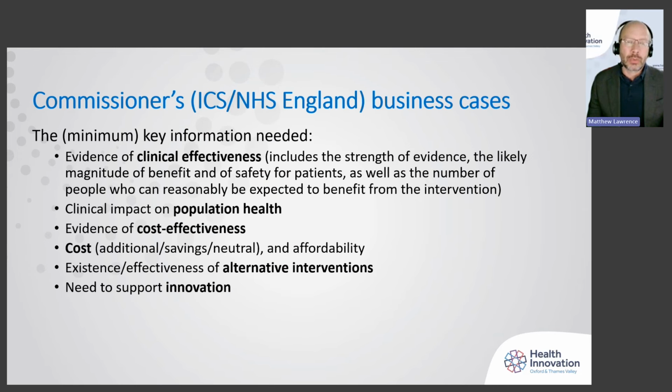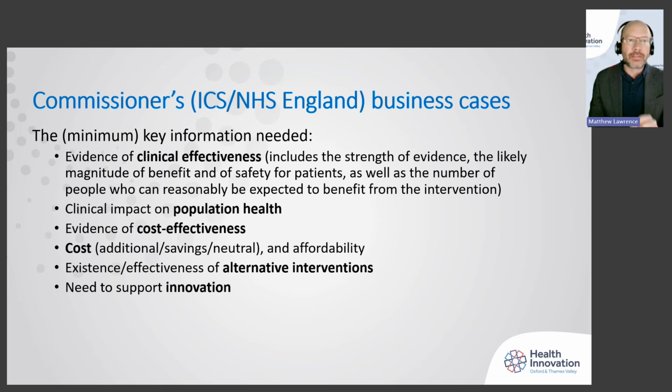For commissioners, when I say commissioners, I mean an integrated care system, so an organization that's responsible for a large group of hospitals or providers or GPs, primary care, and NHS England, for England at least, big bodies that cover large regions or the whole country. What they're going to need, at a minimum, is evidence of clinical effectiveness.